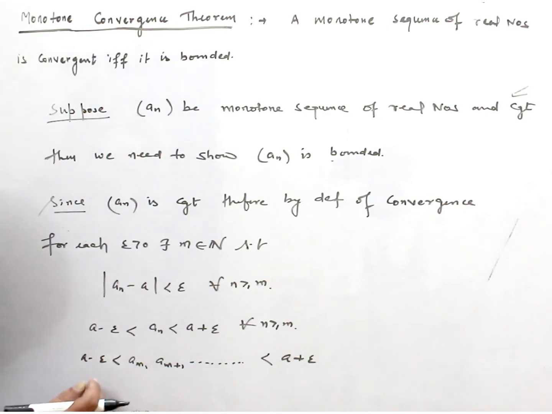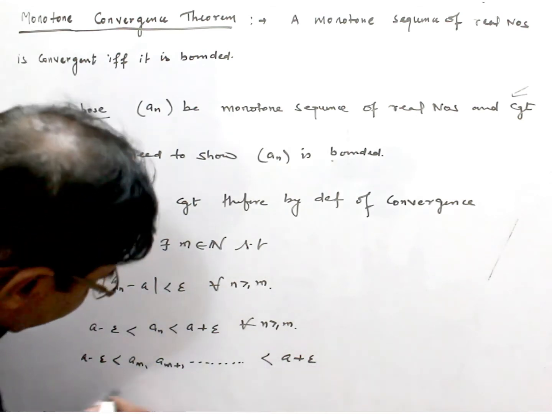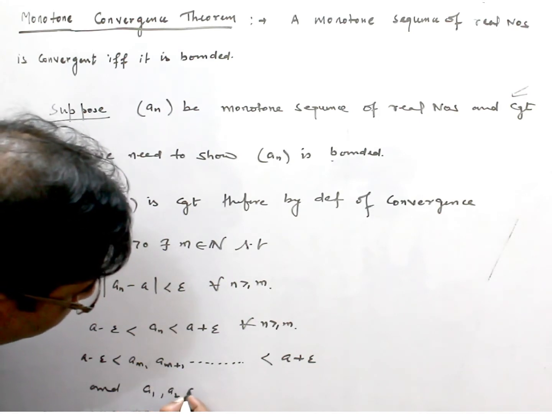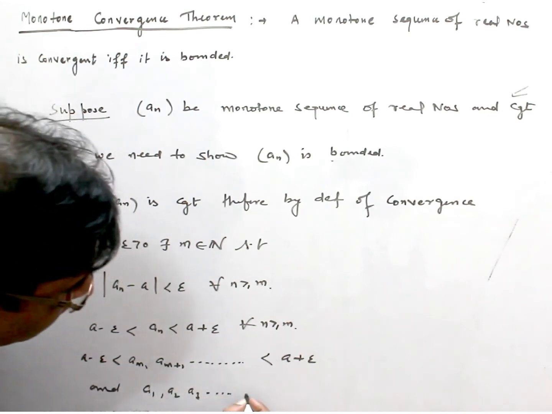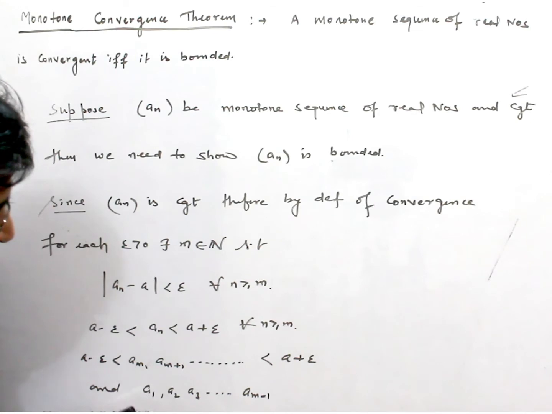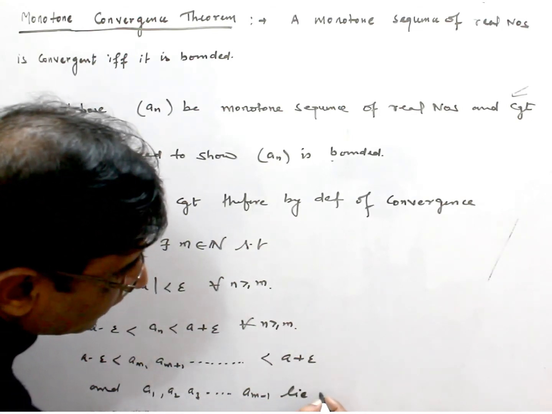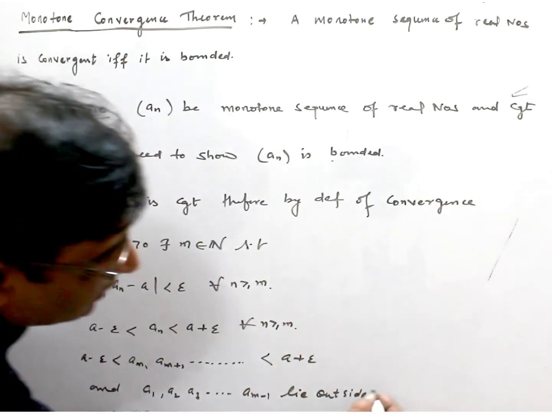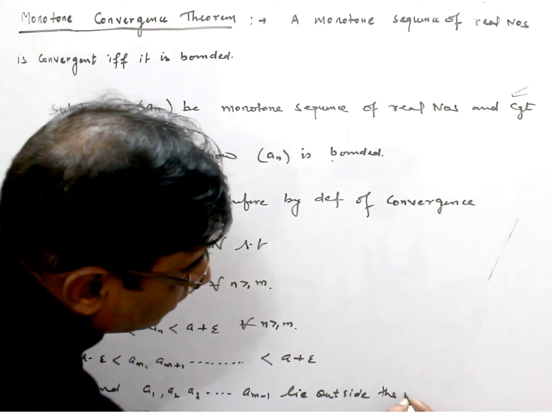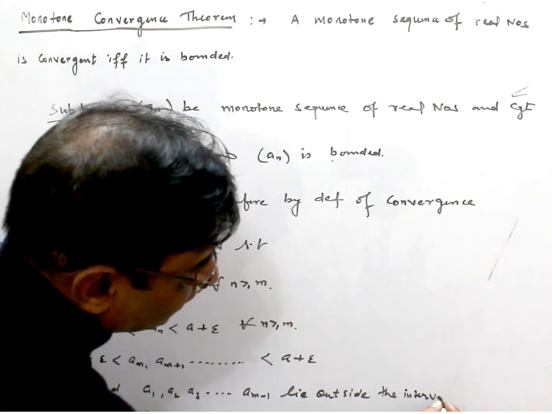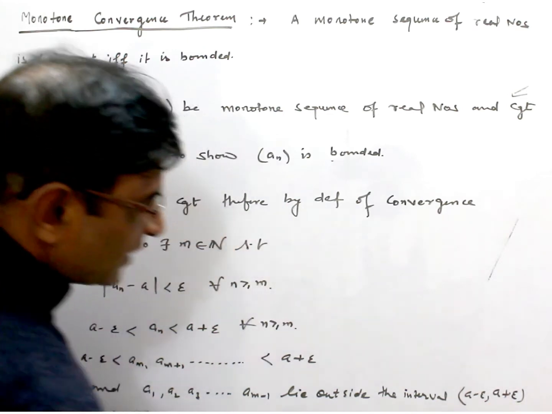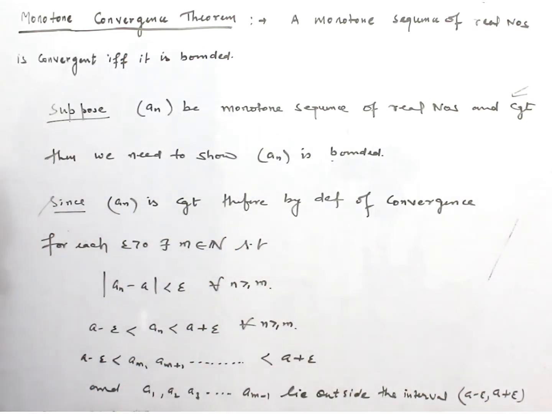So here we can see that the numbers A1, A2, A3 up to Am minus 1 may lie outside the interval a minus epsilon, a plus epsilon. These points lie outside the interval.